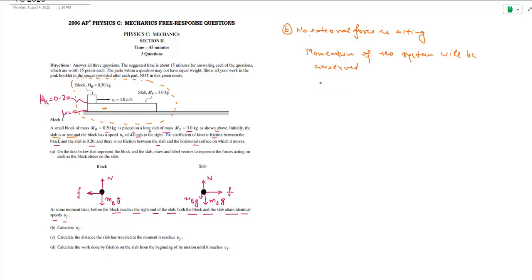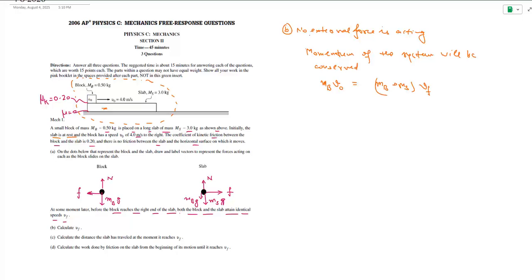So what is the initial momentum? Initially we just have the momentum of the block, and finally we have the mass of the block plus the mass of the slab.